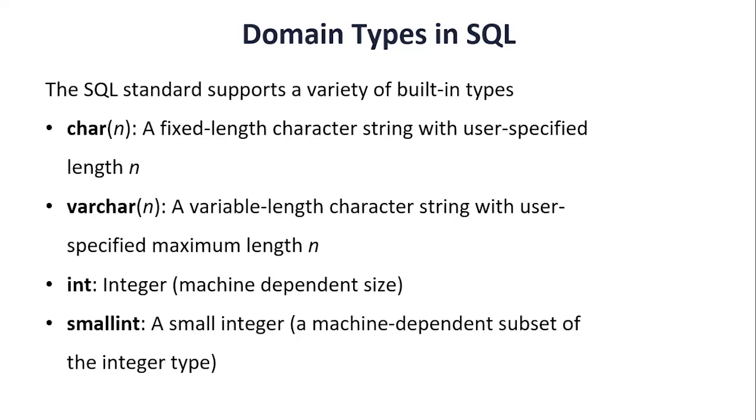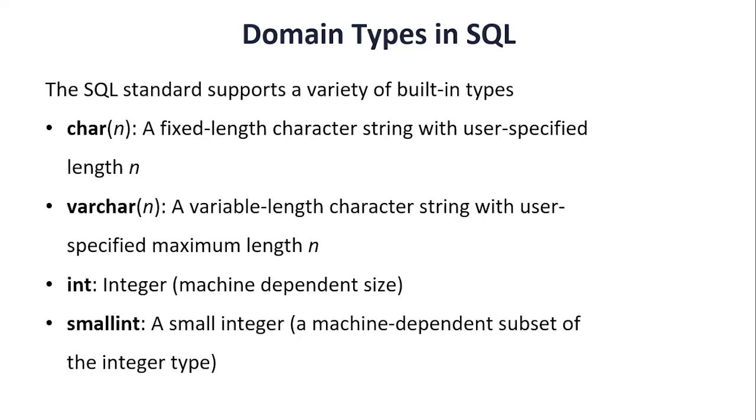When we have the domain type as char, we can specify a value n, which is the number of characters that we can have in that field. So that would be a fixed length character string. And then we have varchar, or variable characters. That is a variable length character string with a user defined maximum length n. So it can have less than that, but not more than n.